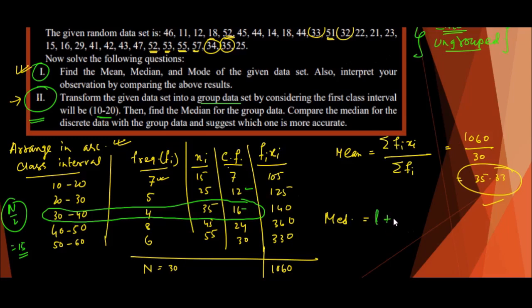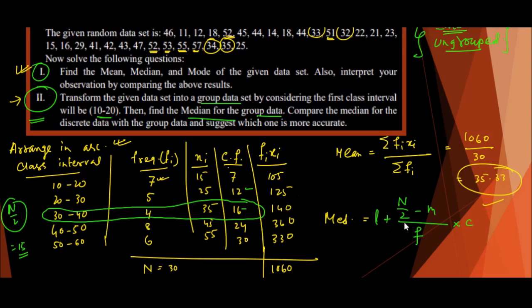Actually in this question, just check it once: find the median for the grouped data. Yes. So L plus, n by 2 minus m, divided by f, into c value. Okay, that is the formula you have.